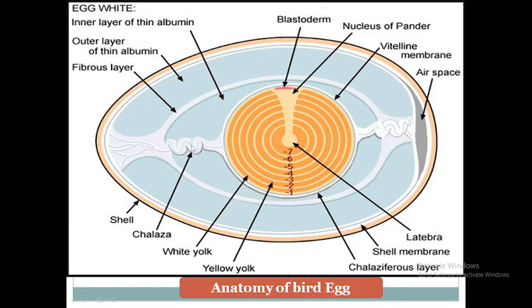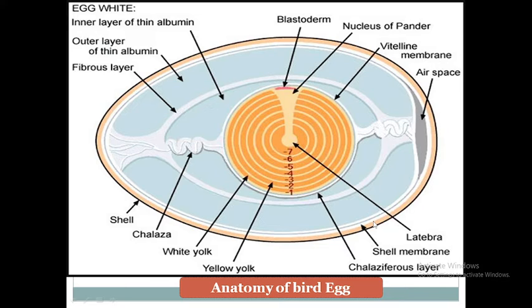Then this yolk, at the anterior and the posterior end, has the chalaziferous tissue, due to which whenever we rotate the egg, this portion remains upward. And then the outermost covering of the egg is the shell, which is a calcium carbonate covering, and beneath the shell we observe the shell membrane.